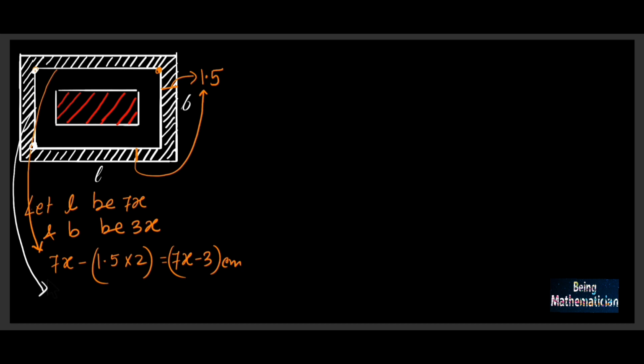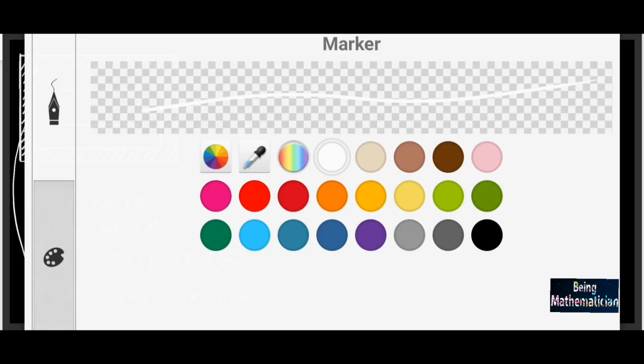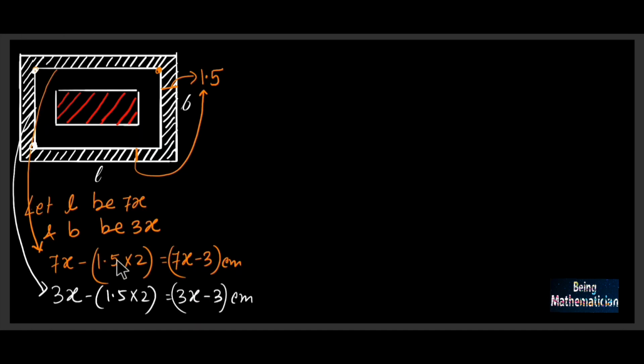So this width must be 3x minus 1.5 into 2, and it is 3x minus 3 centimeter. Now this width is given as 2.5, and this also.